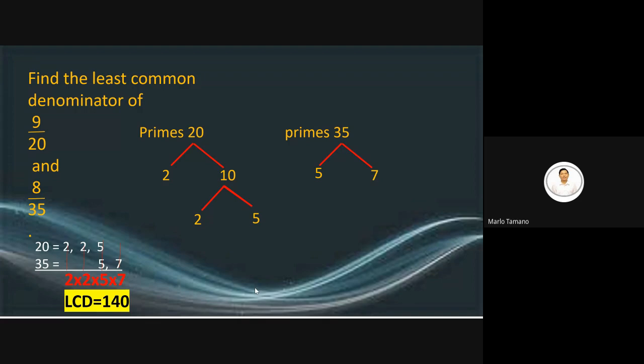Kaya factor tree. So meron pa tayong isang method diyan, yung naalala ko nung estudyante ako. Decomposition method. Hindi ko alam kung baka iniba na yung tawag. Decomposition method. Pinapaliit hanggang sa magiging prime lahat. Okay?